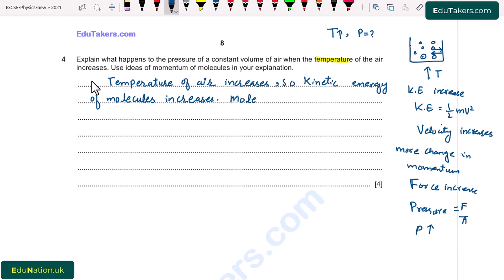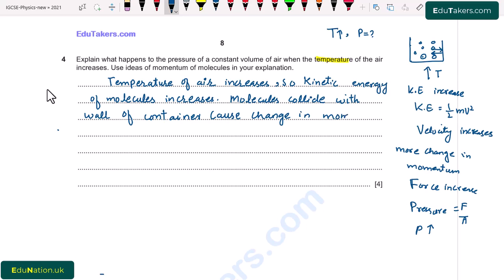Molecules collide with wall of container, cause change in momentum when temperature increases.